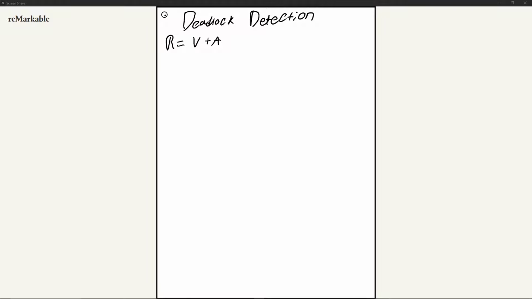So with deadlock detection, you're going to get a specific amount of matrices. You're going to get a Q matrix, and this is called the request matrix. This is the resources that the computer is going to be requesting.